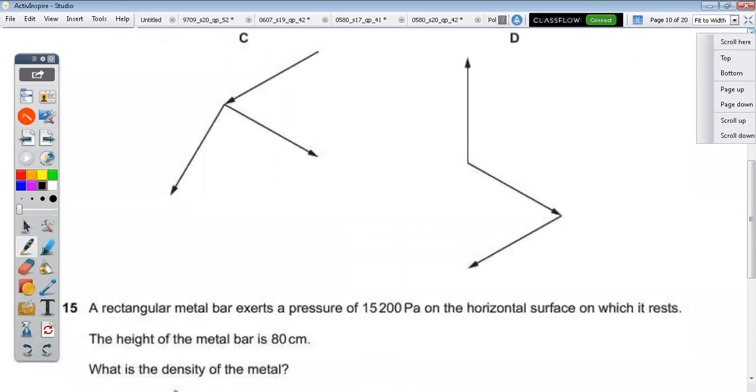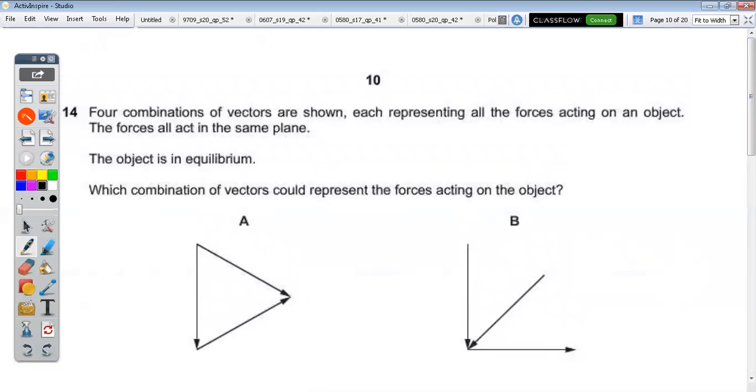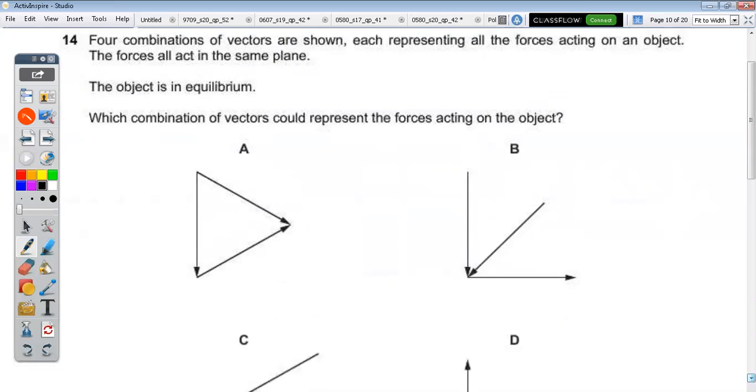So which one? Forces acting in equilibrium. I think it's A. Equilibrium. Okay, let me try again.